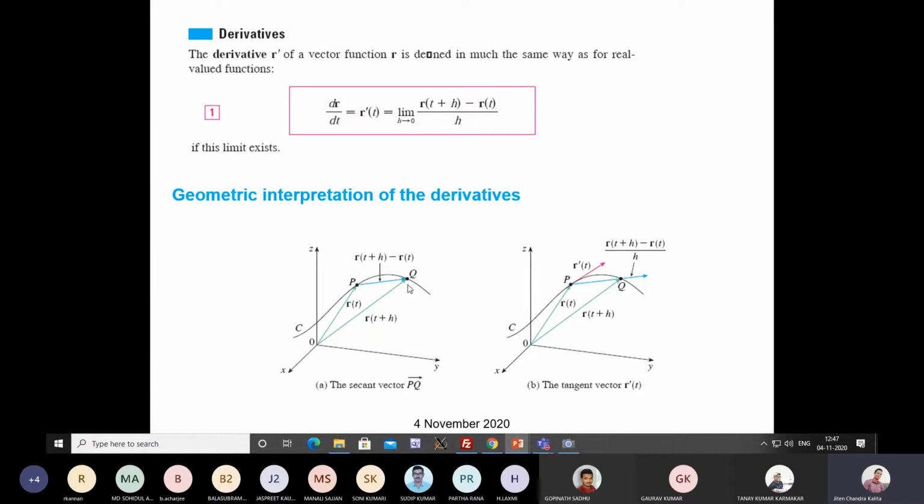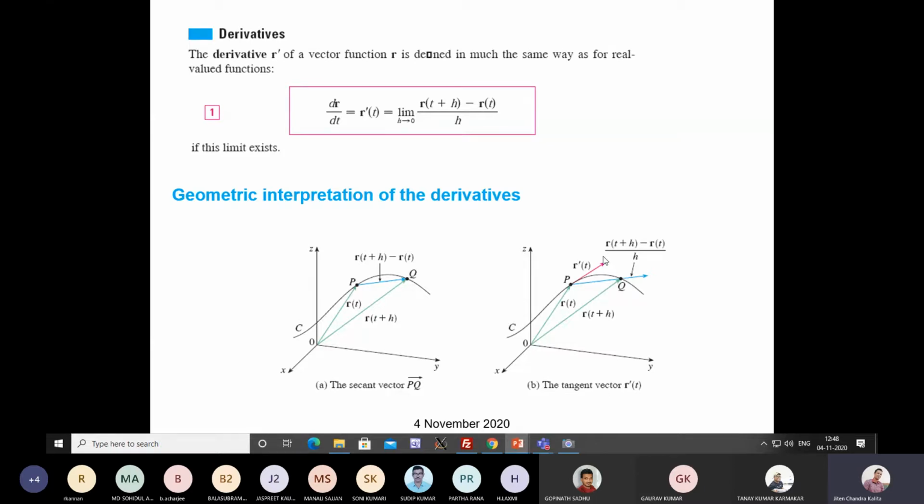You can see that this was PQ, and because delta t or h is small, this vector is likely to be of length more than PQ. Eventually, when Q approaches P, it becomes the tangent vector.